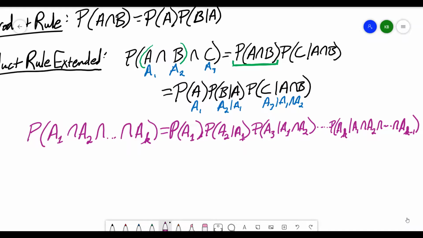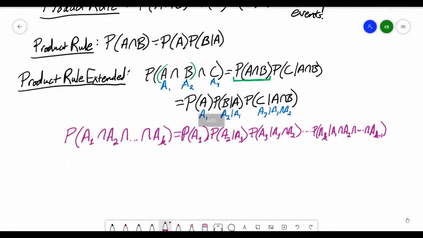And just like the original product rule, my extended product rule also has a special case.